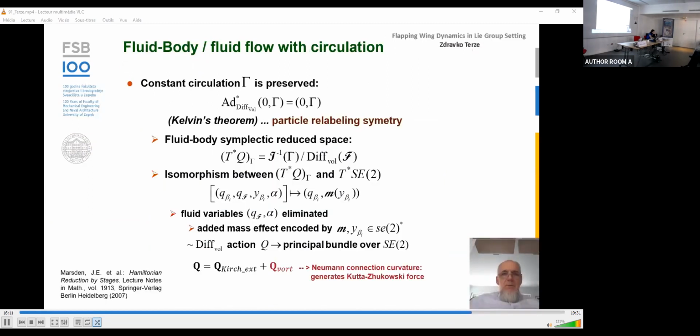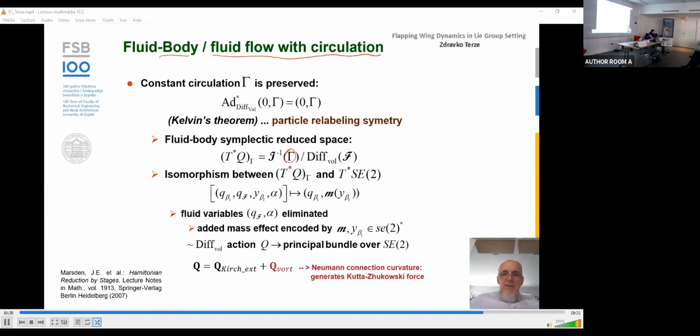In order to formulate a reduced order model for a rigid body moving in fluid flow with circulation, we should go back to the symplectic reduction we have introduced before. However, now we won't have a reduction at zero level of vorticity, but a cotangent bundle reduction at a certain level of circulation momentum map.